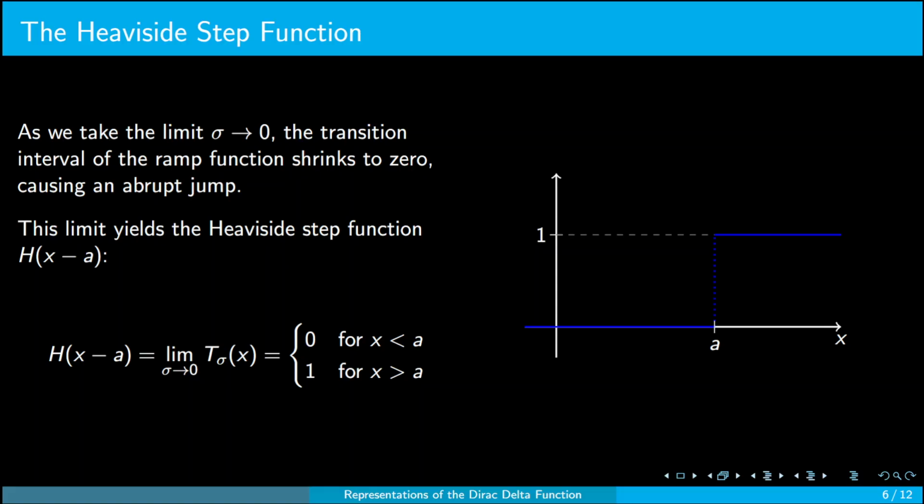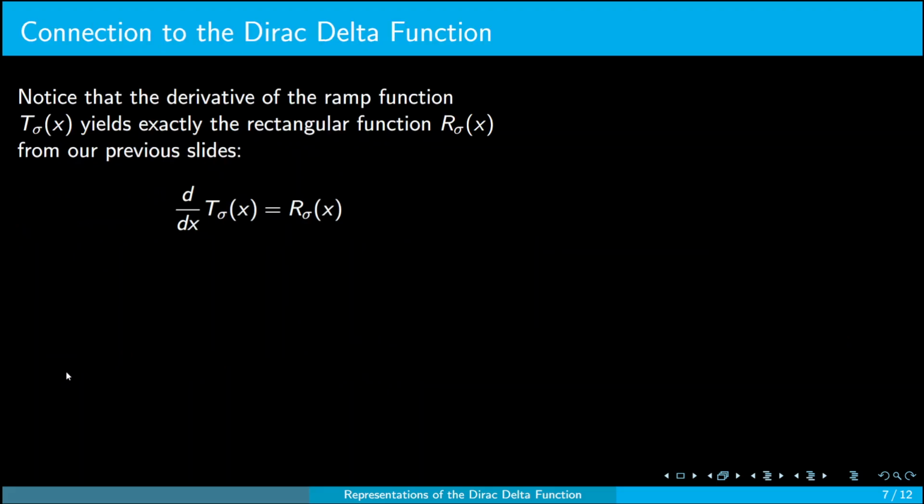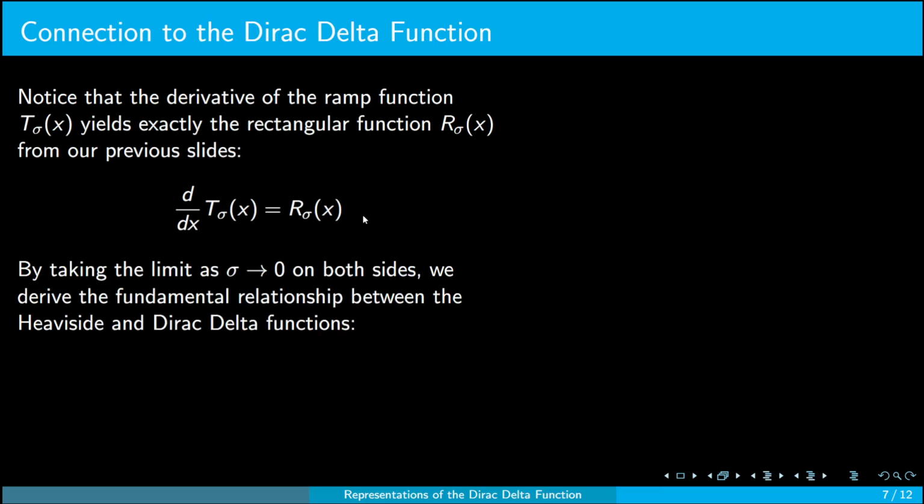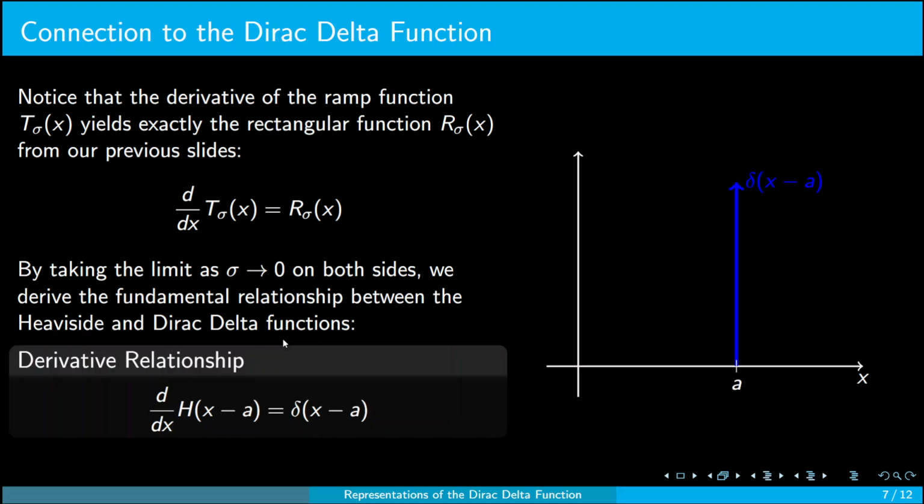Now it is quite easy if we differentiate it. In the next step, notice that the derivative of the ramp function t sigma x yields exactly the rectangular function r sigma x, which I already mentioned will be 1 upon 2 sigma. By taking the limit as sigma tends to 0 on both sides, we derive the fundamental relationship between the Heaviside and Dirac delta function.